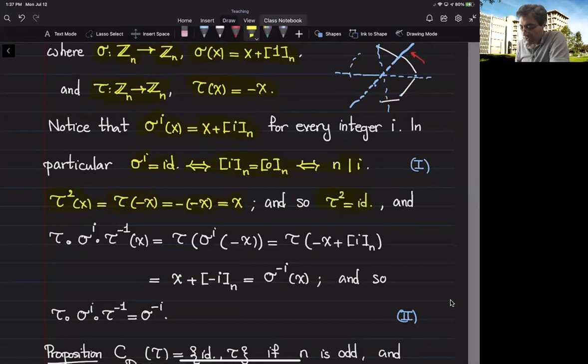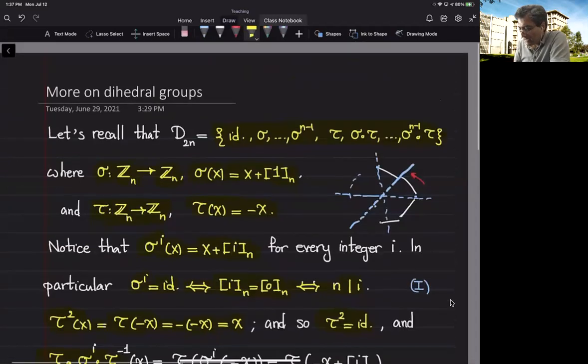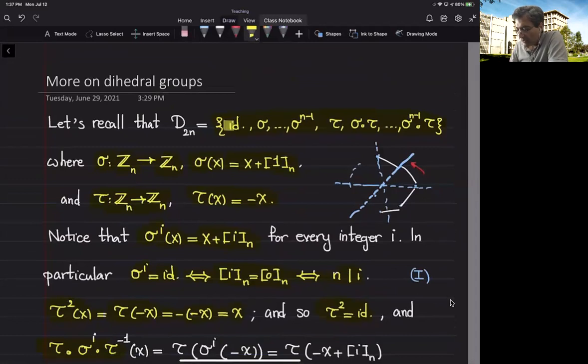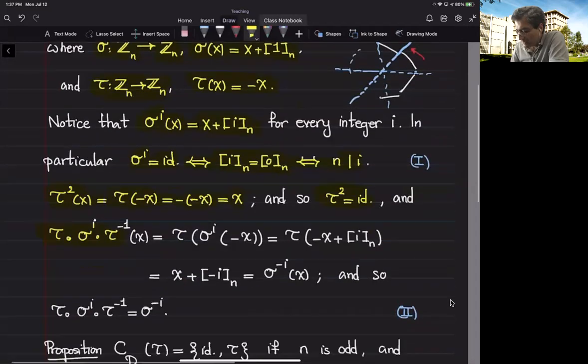Now, what is crucial, and it's interesting and important to know, is what happens when I multiply tau by sigma to the i. I have the list of elements and I want to understand multiplication of these elements. Among these ones it is clear how we multiply. If I understand how to multiply tau by sigma to the i, then maybe I can understand how to multiply it by the other ones.